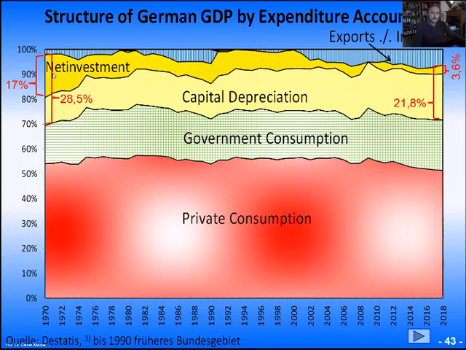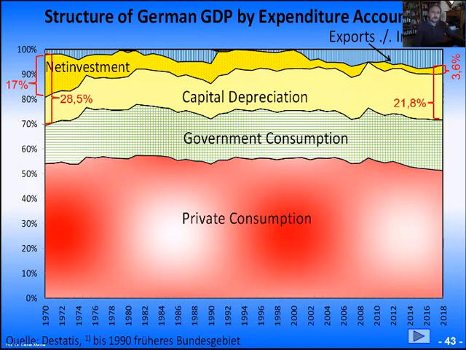Net investment means new investment, new additional machines, production facilities are added to the capital stock. This share has, however, been shrinking to a current level of 3.6%. So a tremendous decrease of net investment. As we will see in chapter 2, this is of some importance because net investment is an important source for economic growth. So the fact that currently GDP growth rates are significantly lower than in the 70s can be explained by the fact that net investment has become much smaller.